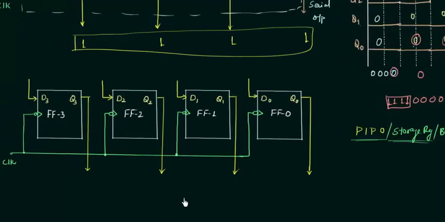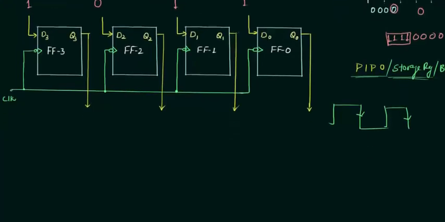For the falling edge, if there is a clock, the data that you want to store, let's say I want to store 1 0 1 1. So I will make D3 equal to 1 before this clock pulse arrives.